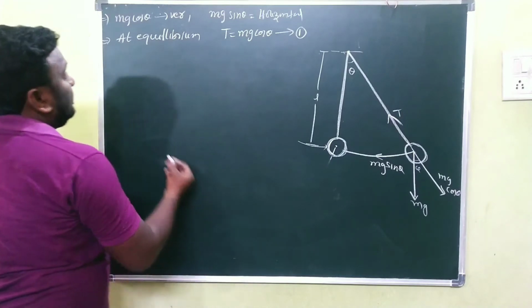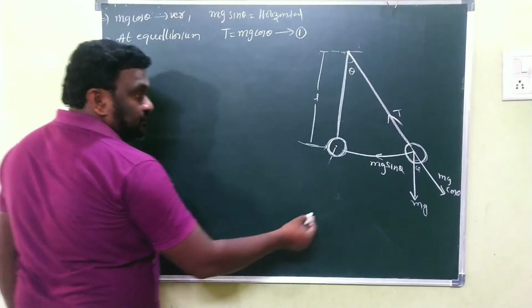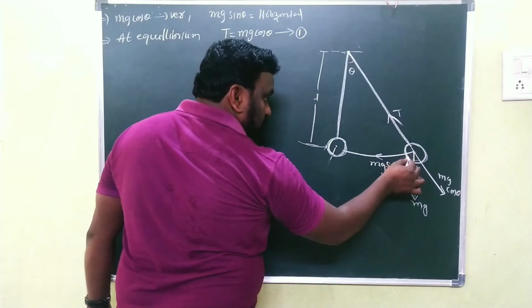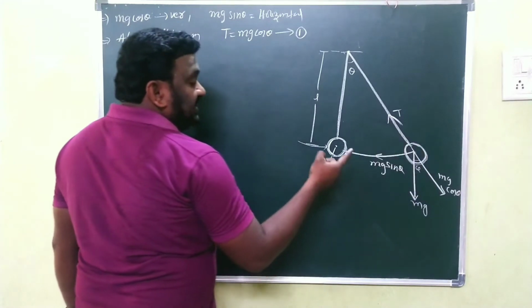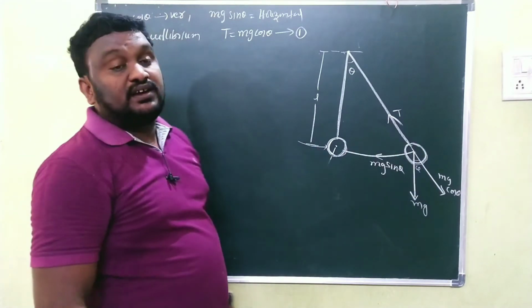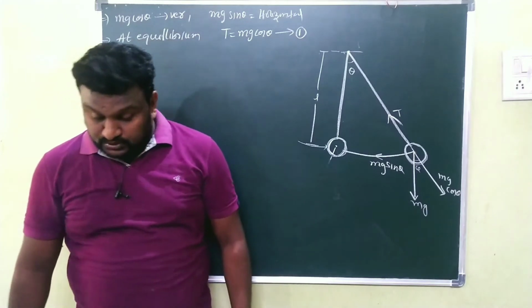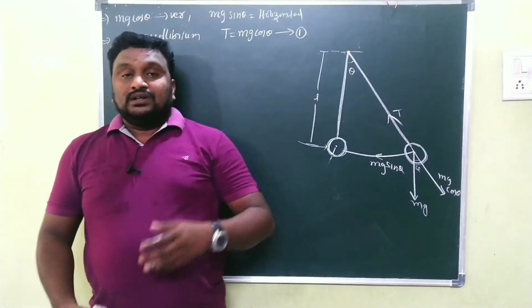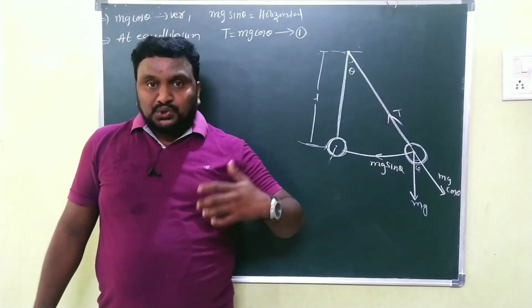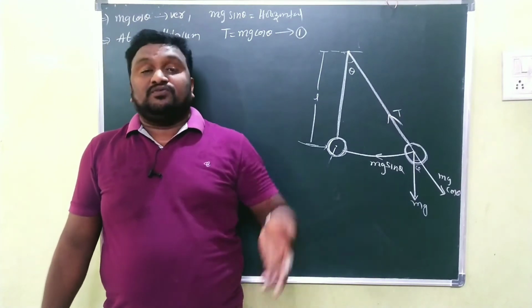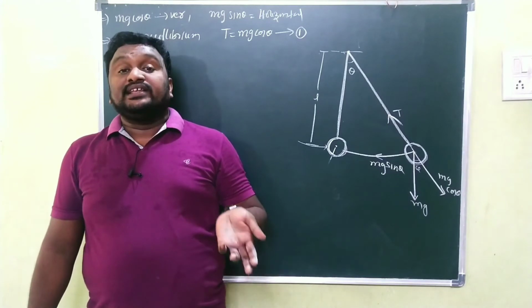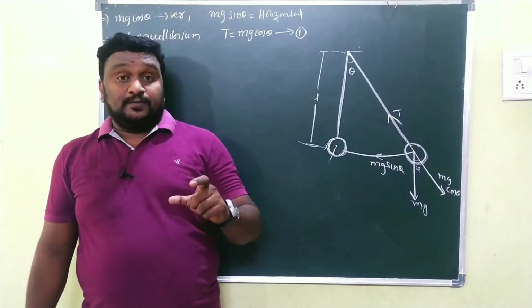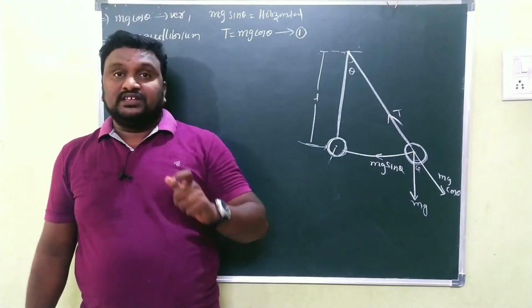And similarly, at the extreme position, there is some restoring force. What is meant by restoring force? You have to know that the energy stored in a body itself is what we call restoring force. Children, you have to observe one thing here.